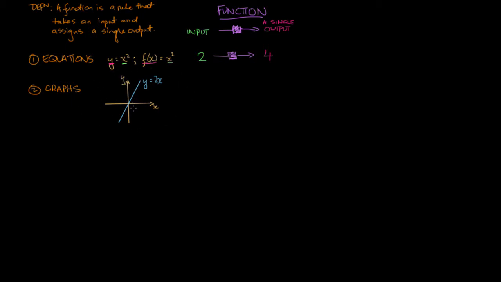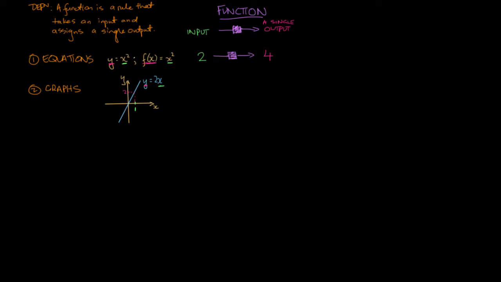If you give me some input, some x here, let's say this is x equals 1, then this rule will produce some y. So x equals 1 goes up here. If we put the 1 in here, it will produce some output, which here is 2.